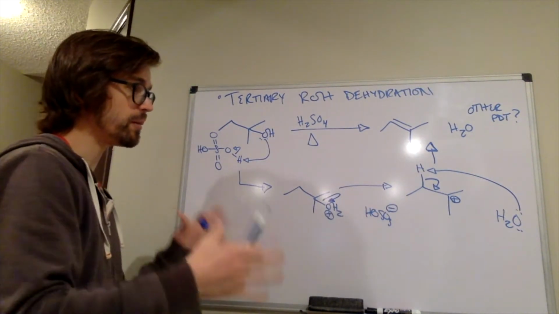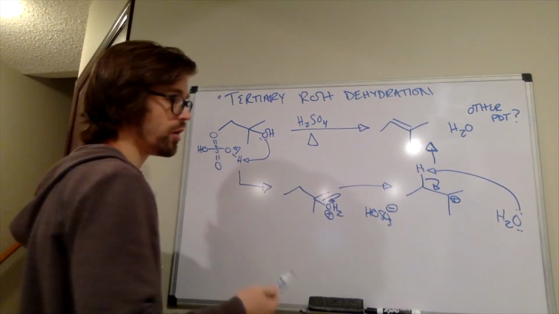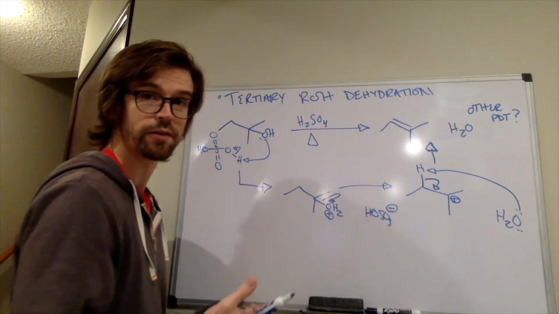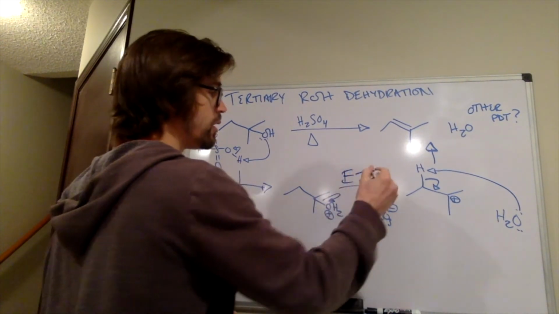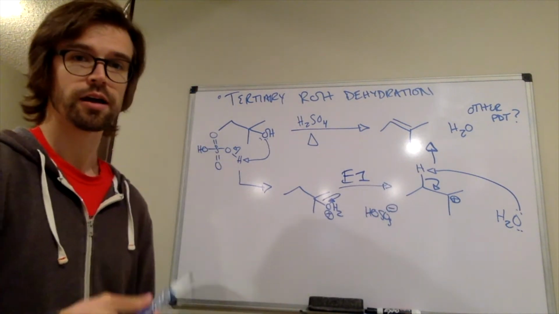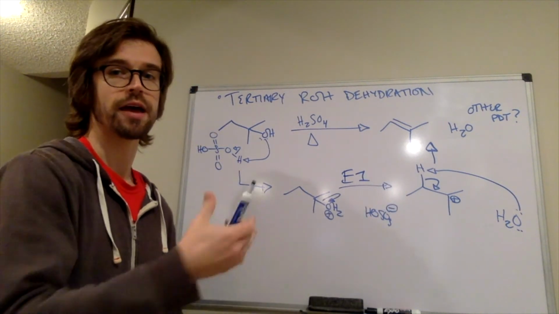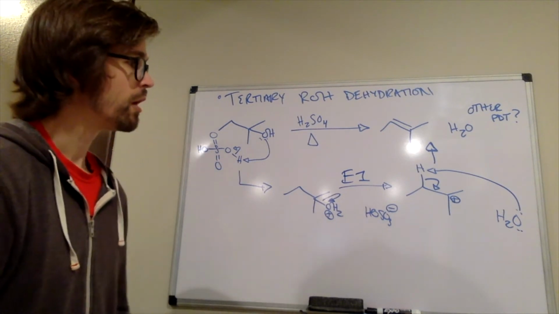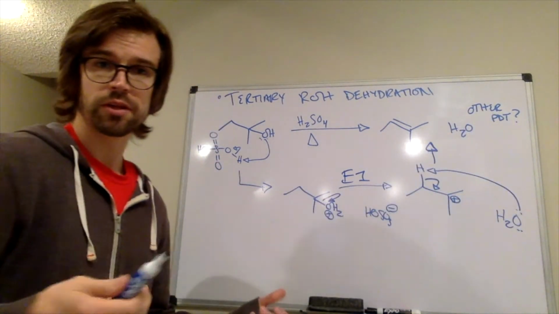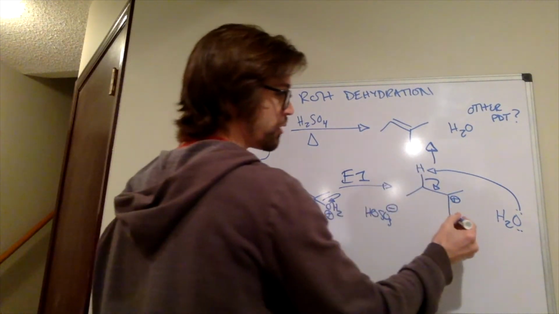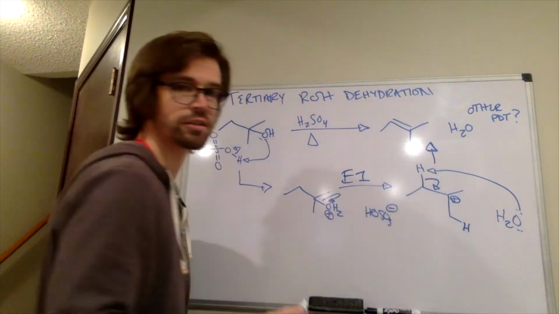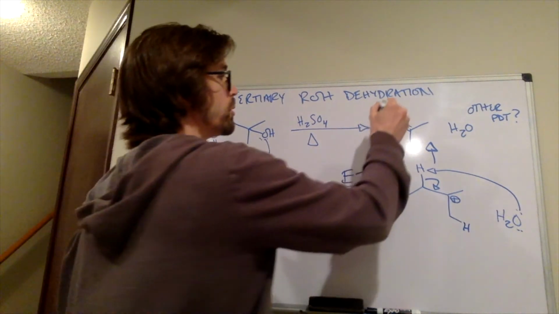But the really important point is that this is a tertiary alcohol. It's a tertiary leaving group forming a really stable carbocation, so that can happen by an E1 type mechanism. Formation of that carbocation, then elimination. What's the other product? Anyone else put the other product up here? I put in this beta hydrogen, but again, remember, other beta hydrogens exist as well. This is the most stable product.